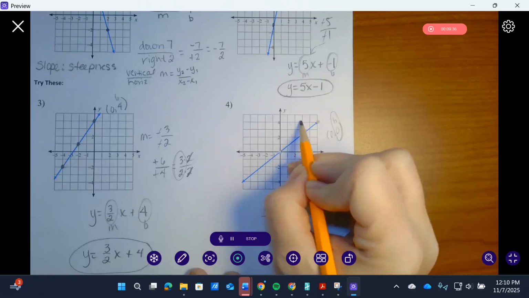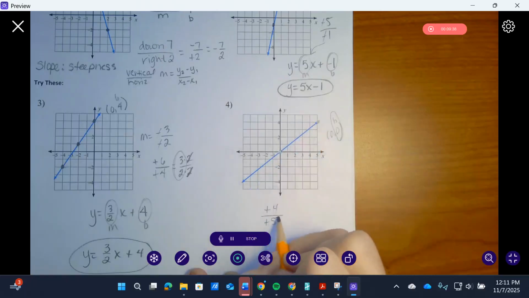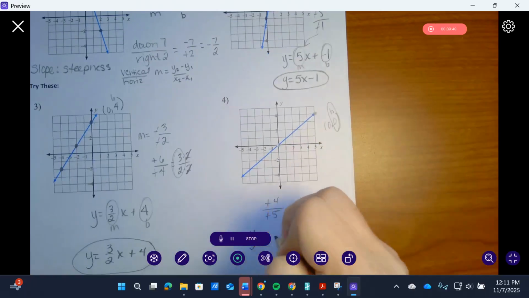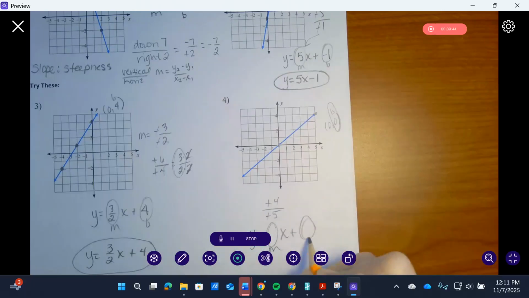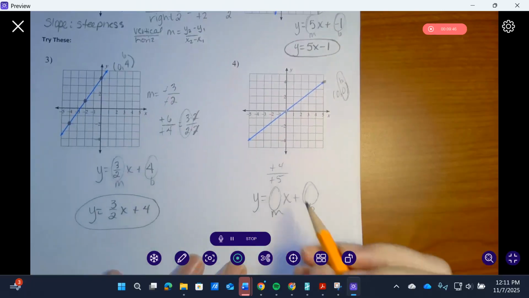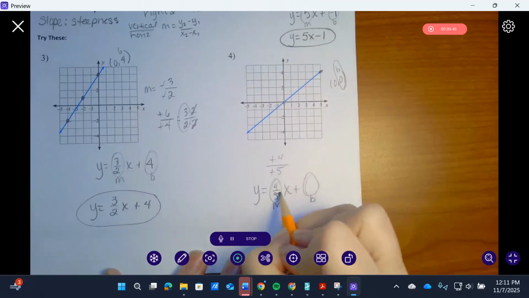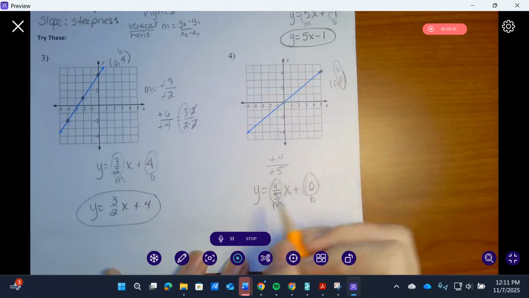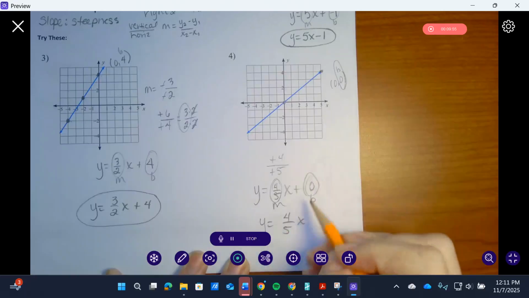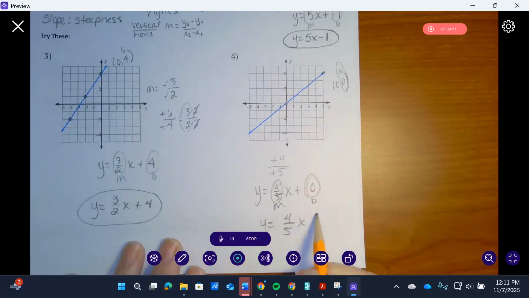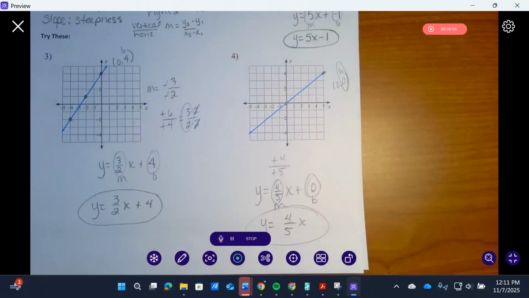Run 1, 2, 3, 4, 5 to the right. Okay, so again, I need this little framework here. My slope goes here, my intercept goes here. My slope is 4 over 5, my intercept is 0. So we'll rewrite that as 4/5 x and then the plus 0 we would just leave off. So there's my answer right there.